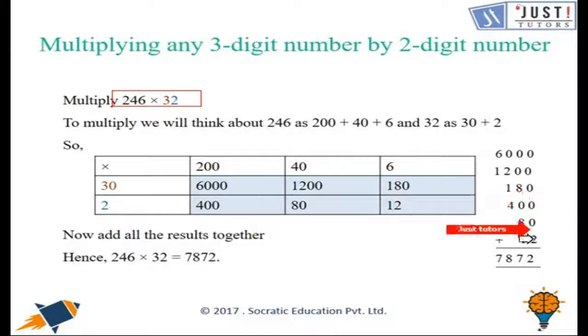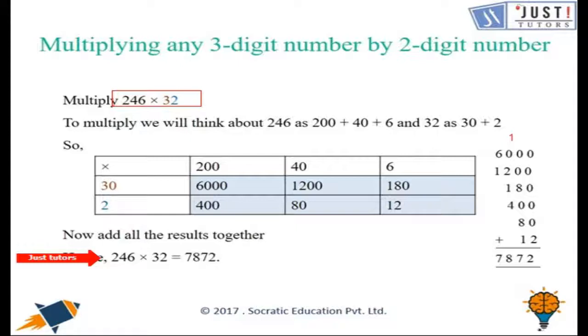This 8 add 1 makes 17, so 7 here, and 1 will be carried forward. Then 2 add 1, 3 add 4, 7 add 1 makes an 8. And 6 add 1 is 7. So the final answer for 246 times 32 is equal to 7,872.